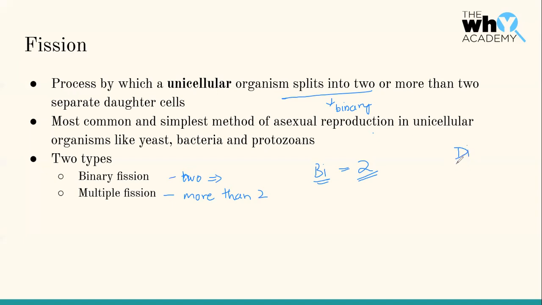Binomial, correct. You also have binary, which you might come across in computers or coding, zeros and ones. So bi basically means two. Wherever you see a word like binary, it would be two.